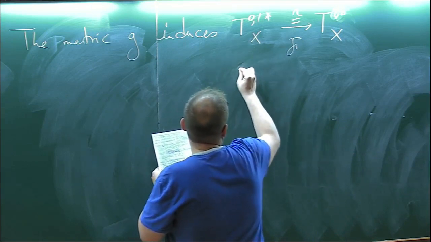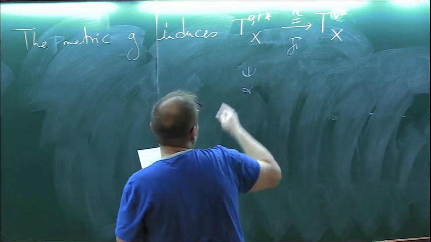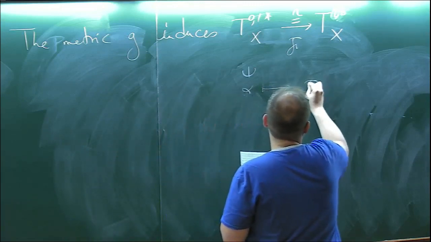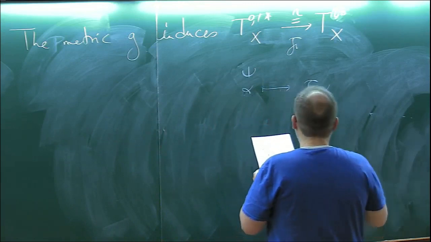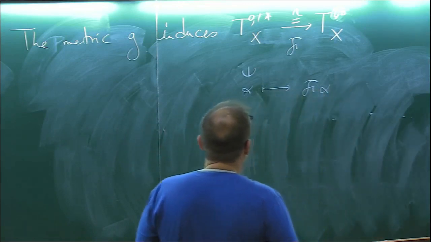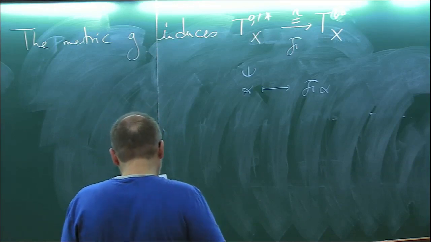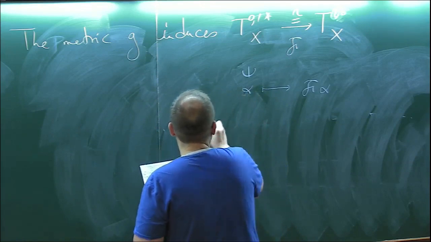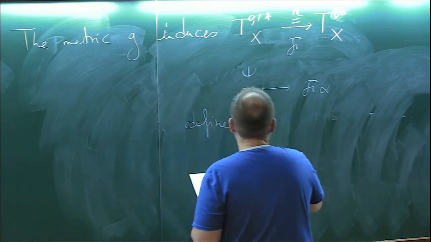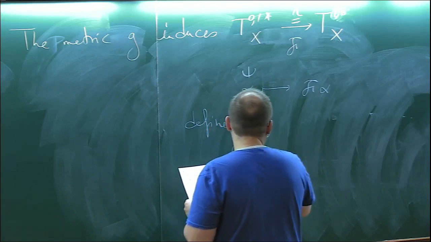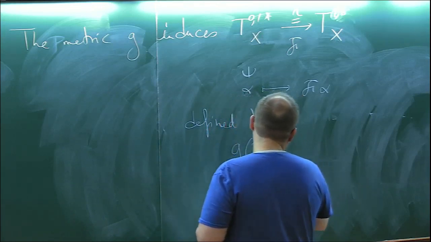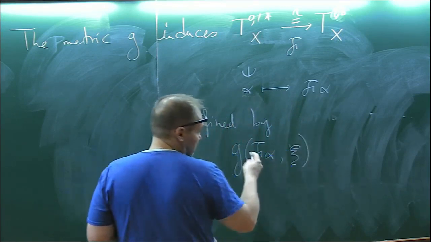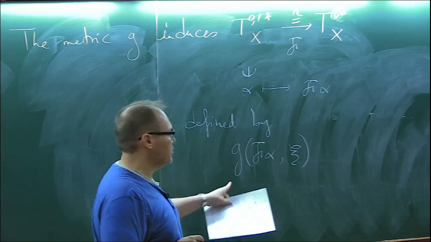Well, if we have some alpha, a 0,1 form, then it maps to this form F alpha. And F alpha is now supposed to be a 1,0 vector field. So that's defined by G of this F alpha acting on a 1,0 vector C, as this is a Hermitian metric.